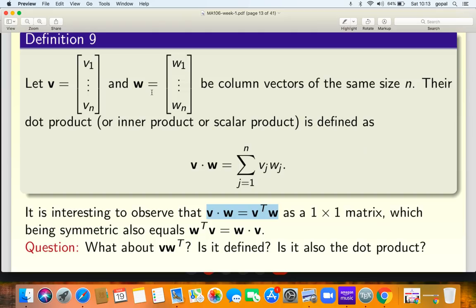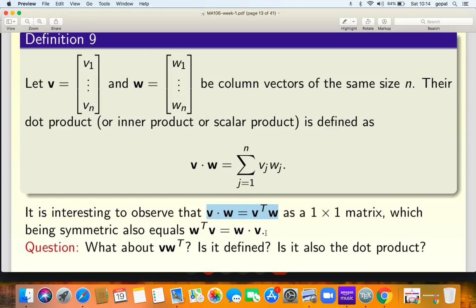So what's the size of VW transpose? The size of VW transpose is an n cross n matrix. It's a square matrix with n rows and n columns.